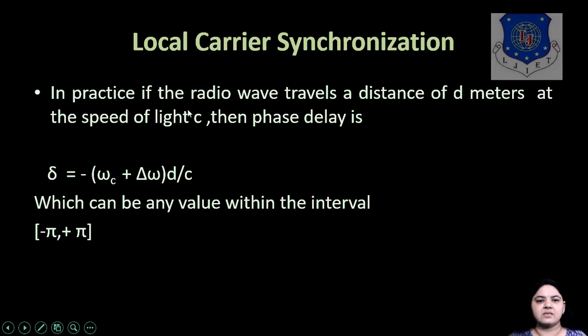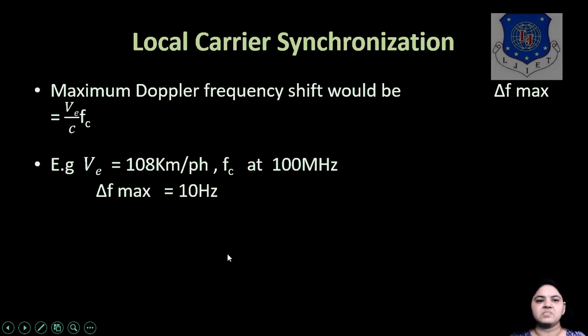In practice, if the radio wave travels a distance of d meters at the speed of light c, then the phase delay delta is equal to minus (omega c plus delta omega) times d divided by c. The value of this phase is between minus pi and plus pi.